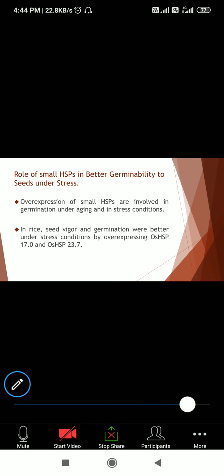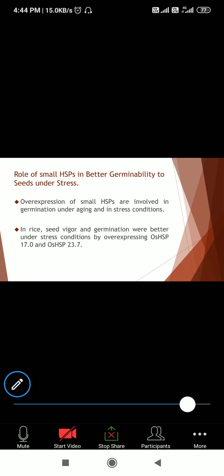This experiment was carried out in rice, where they have observed when this rice plant was taken under the stress condition, under stress condition as well, these seeds were able to germinate properly. How? They have observed two different types of heat shock proteins.